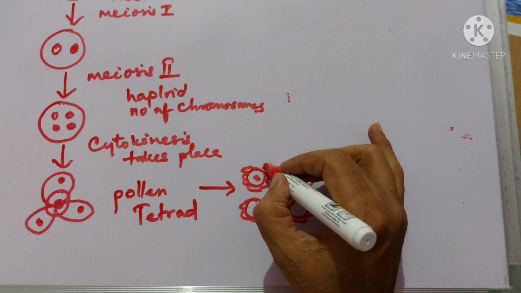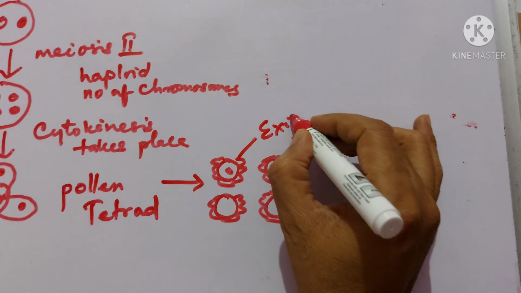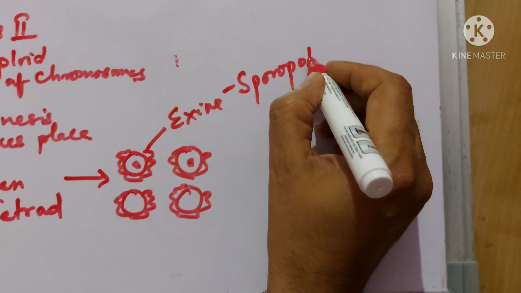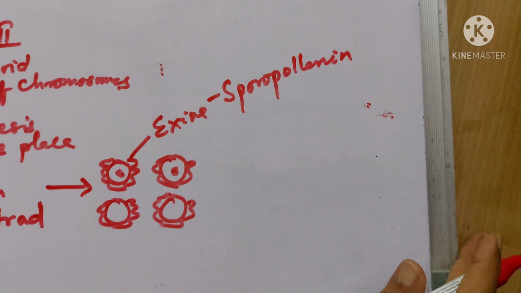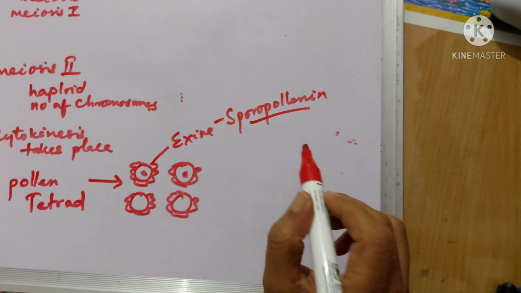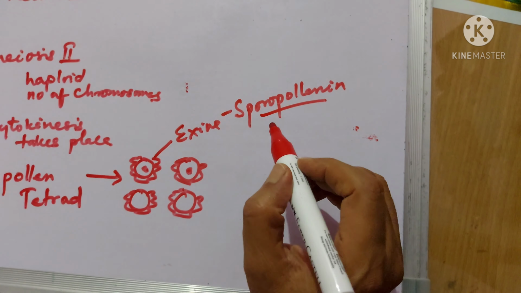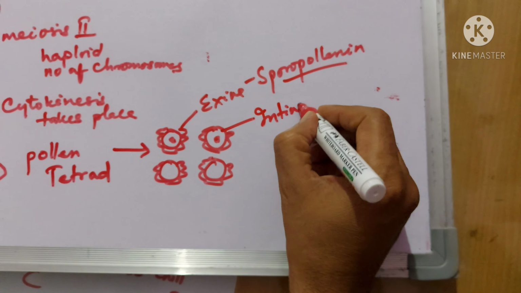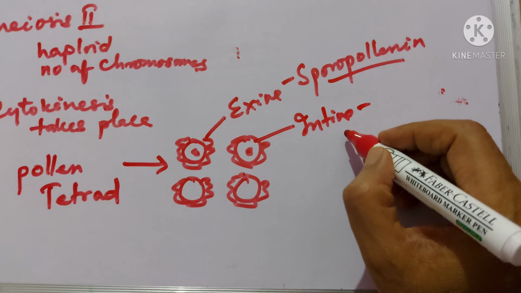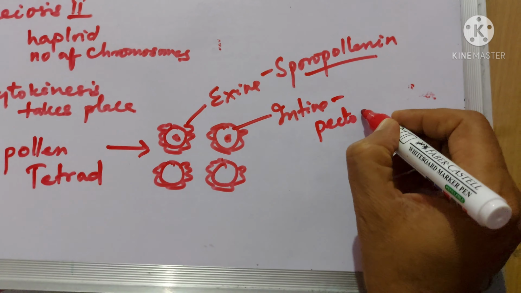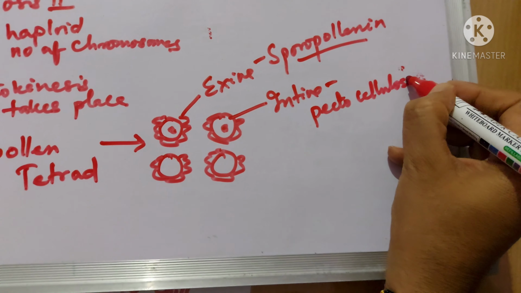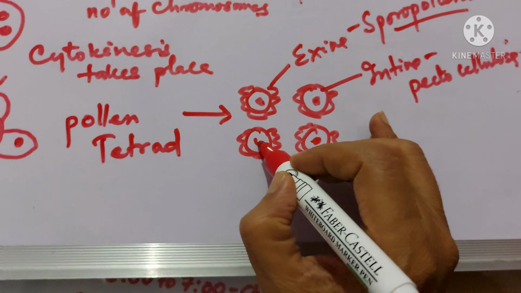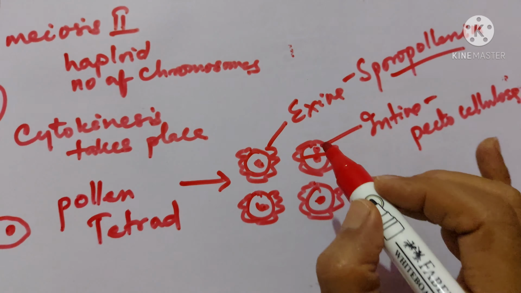The pollen has an outer layer, exine, made up of sporopollenin, which is resistant to decomposition, and the inner is called intine, made up of pectocellulose. At the time of dehiscence, normally the pollens are at the two-cell stage.